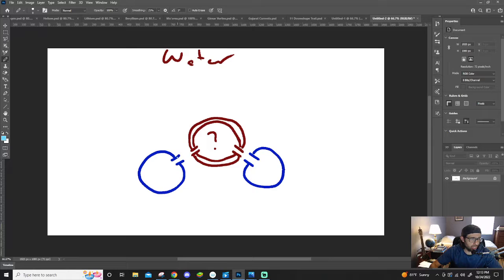Let's imagine there's a current coming in here that way. Maybe not though. Maybe it's coming in more like this. I believe this makes it a closed system.